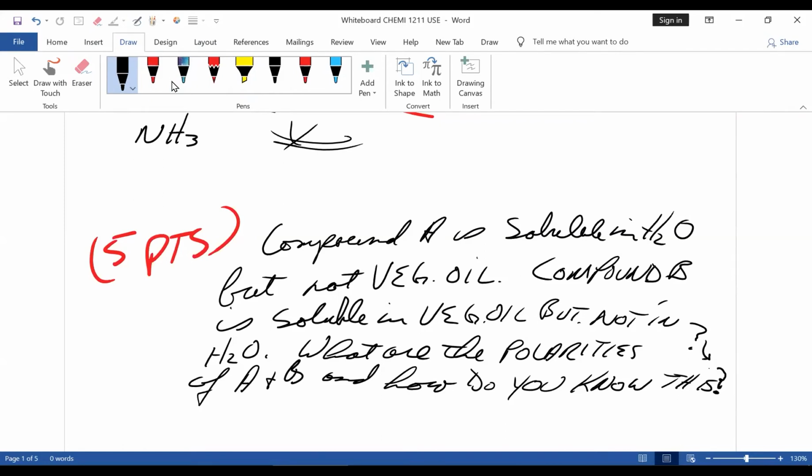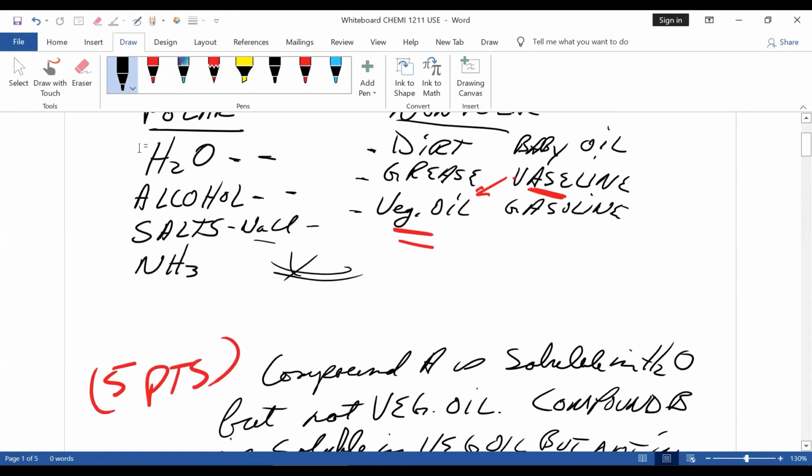What are the polarities of A and B, and how do you know this? I'll let you think about that for a little while. I'll give you a whole minute because I'm going to drink some tea. By the way, if you can't see above or you didn't take notes, water is polar, vegetable oil, non-polar.